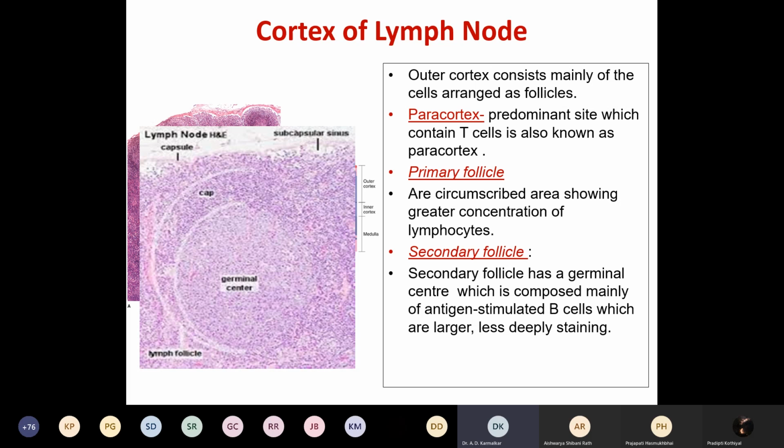Here the paracortex area is shown, which is the area where the T lymphocytes are predominant, while the other side is occupied by mainly B lymphocytes. So this is the secondary lymphatic follicle shown here.